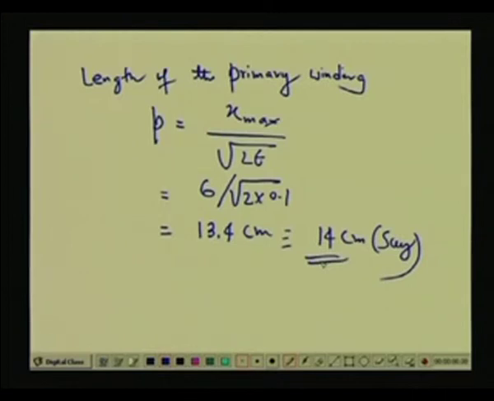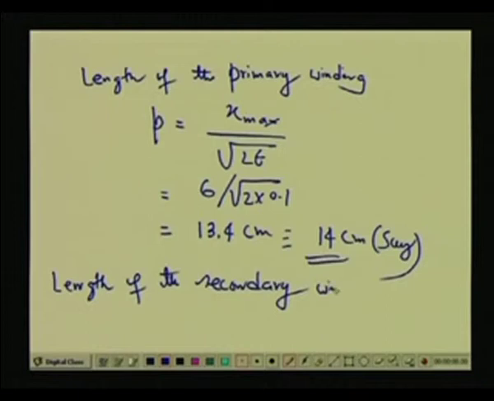Now, the length of the secondary winding S will be equal to P plus x max, which is 14 plus 6, 20 centimeter.